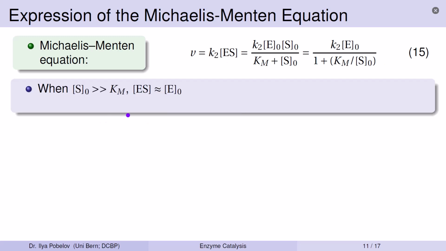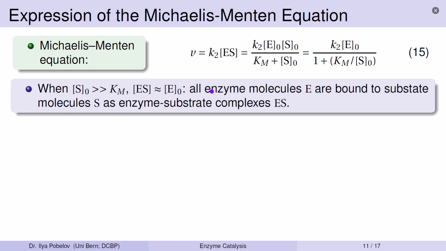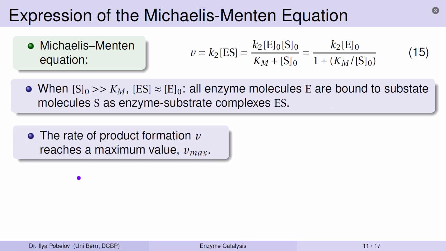When the substrate concentration is much greater than the Michaelis constant, the concentration of the enzyme-substrate complex equals the total concentration of the enzyme. It indicates that all enzyme molecules are bound to substrate molecules as enzyme-substrate complexes.